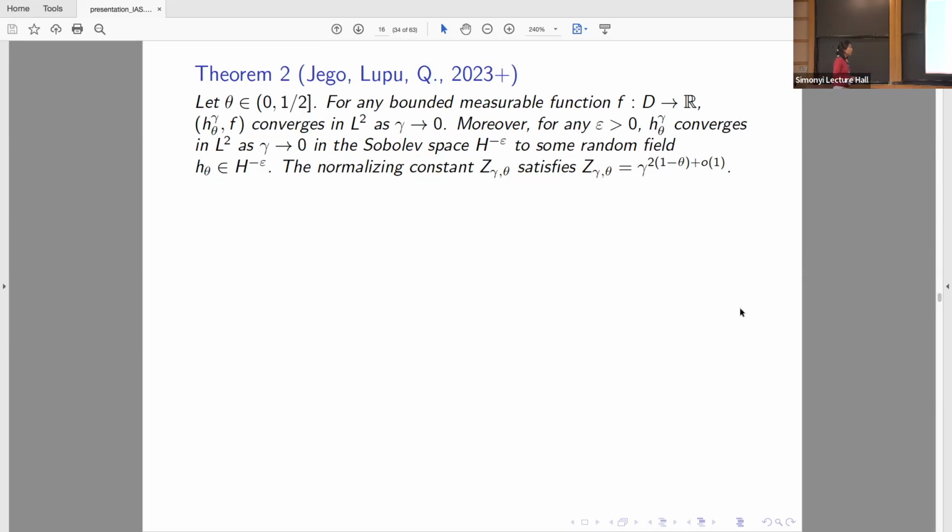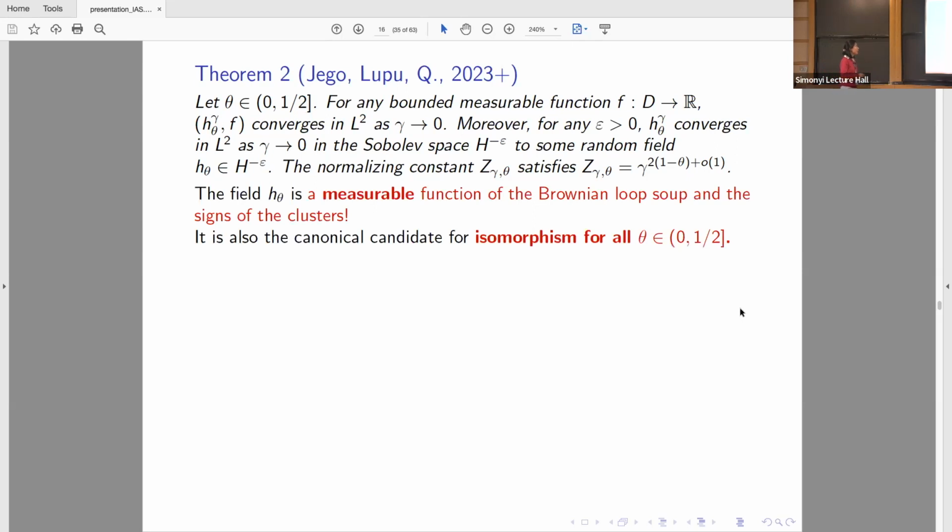Moreover, this convergence can be lifted to a convergence of the field h theta gamma in the Sobolev space H minus epsilon. We also show that the correct normalizing constant has the asymptotic behavior gamma to the power of 2 times (1 minus theta) as gamma goes to 0.